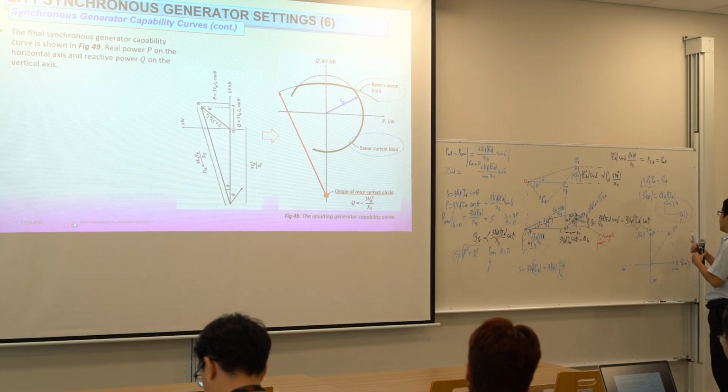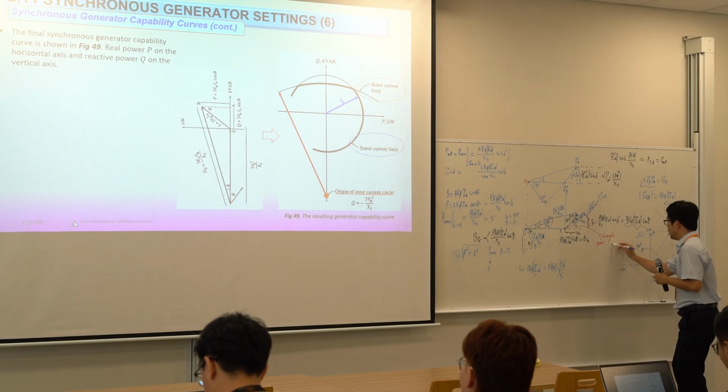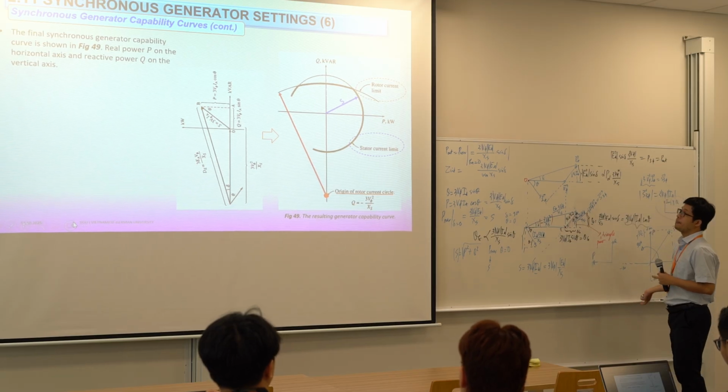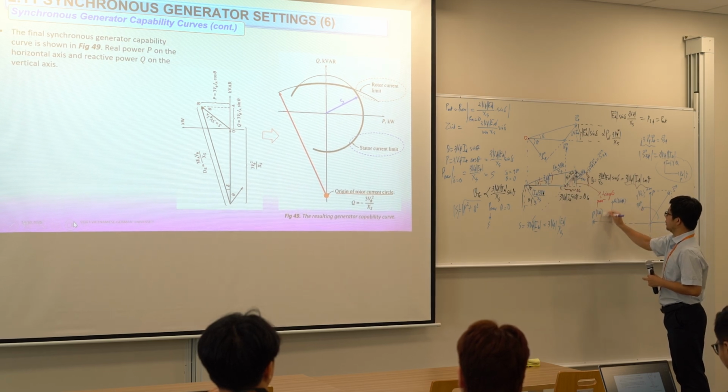So if here is Q, 90 degrees, here is P for the middle one.